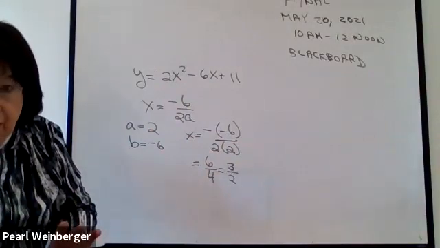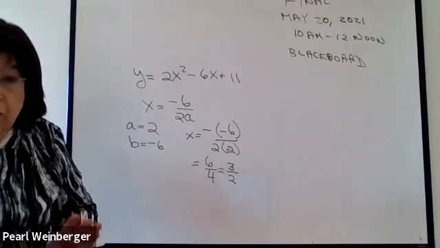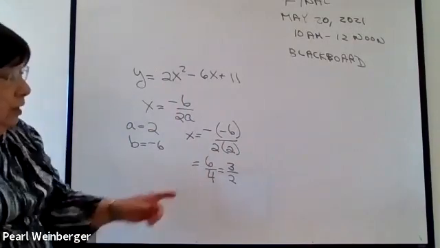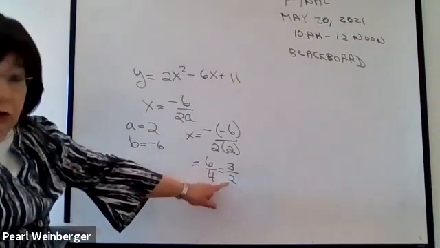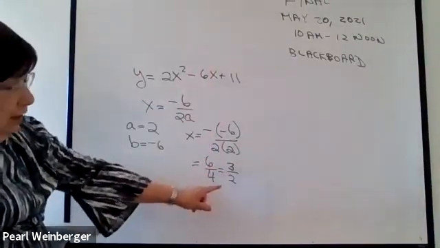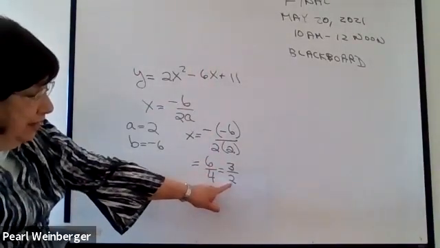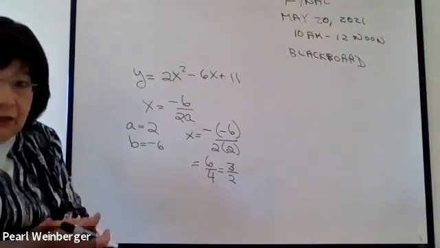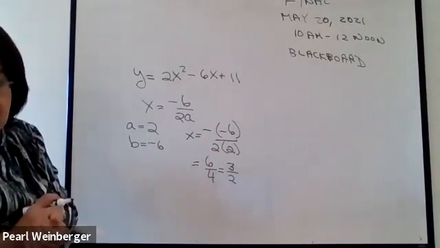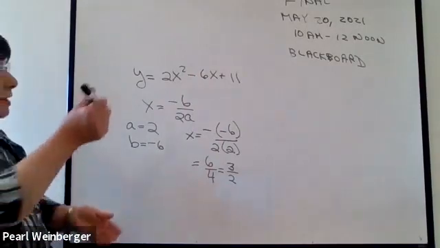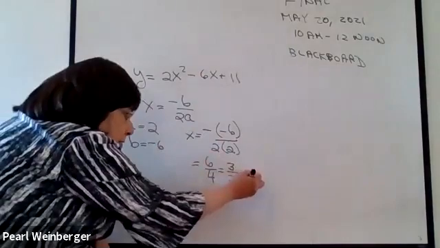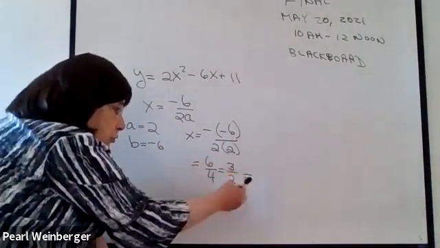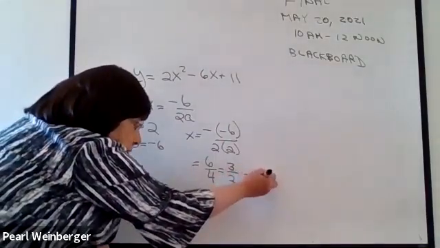So far, okay? If you were doing this on a multiple choice test, which is what you're going to be doing, I would first look at all the points. If only one of them has an x value of 3/2, you don't have to bother anymore with finding the y, because that has to be the right answer. It could also be written in fraction form 3/2, where if you put it in your calculator, you get 1.5.